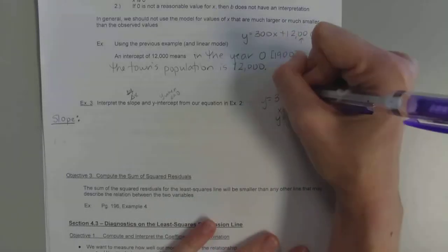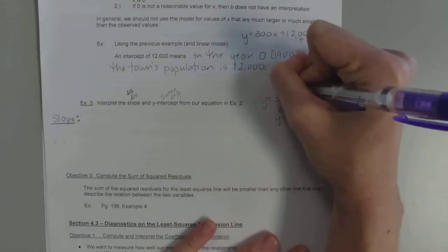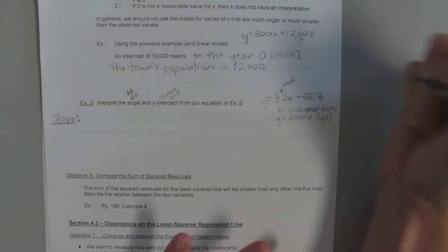The 3.2. Your slope's always in front of your variable. So what does a slope of 3.2 mean? Well, if you go back to the problem on the bottom of page 6, it was as your x value increases by 1. So what's our x value? Club speed. So as our club speed increases by 1 mile per hour, our y value, distance, is doing what? Increasing by 3.2 yards.